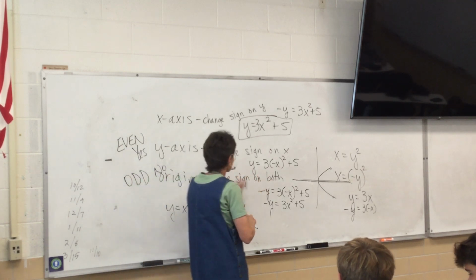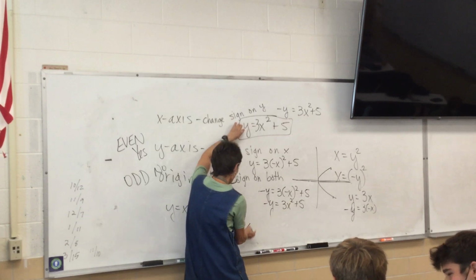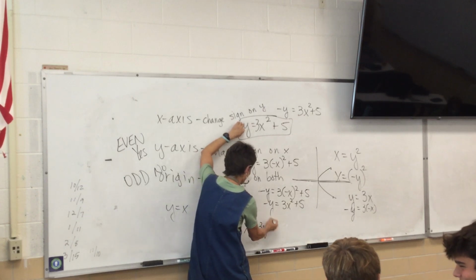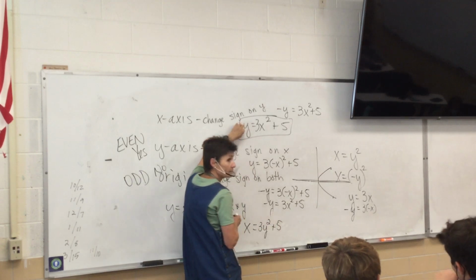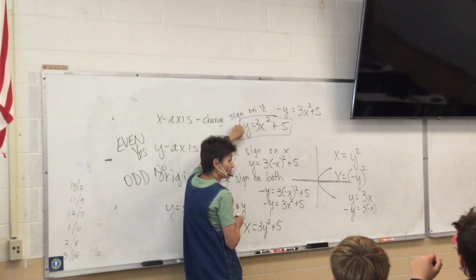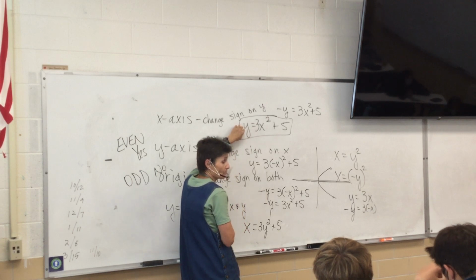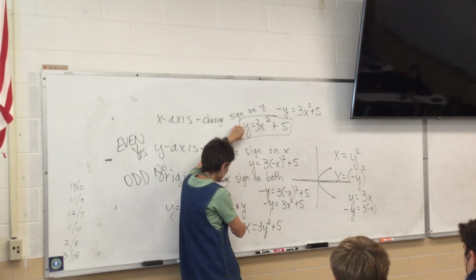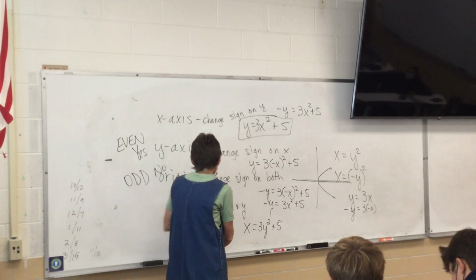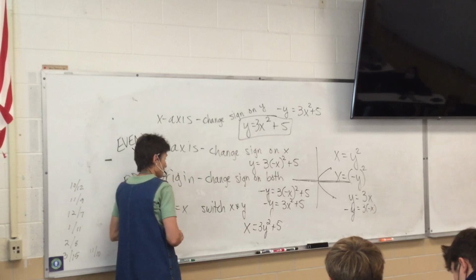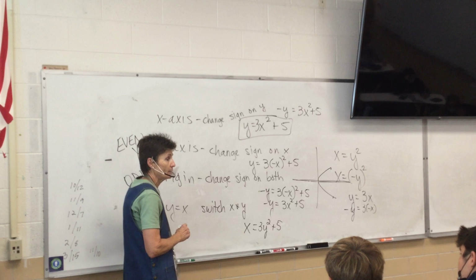So this would be x equals 3y squared plus 5. So you substitute x for y and y for x. And we don't get anything close to the same equation, so that's a no for this particular function.